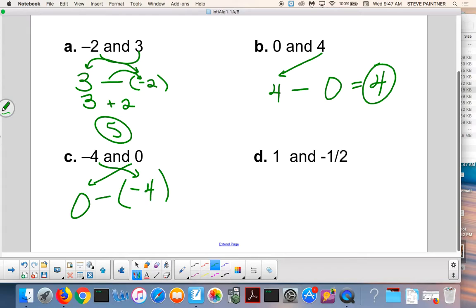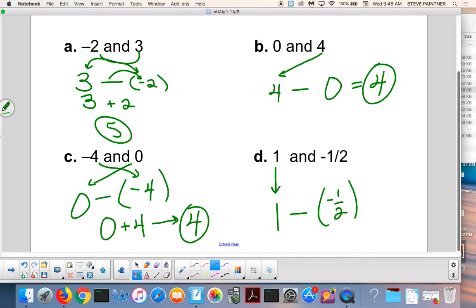But minus makes what? Plus. Answer? 4. Which one's big? 1 is the big. Minus the small. Change it to plus. The answer is what?